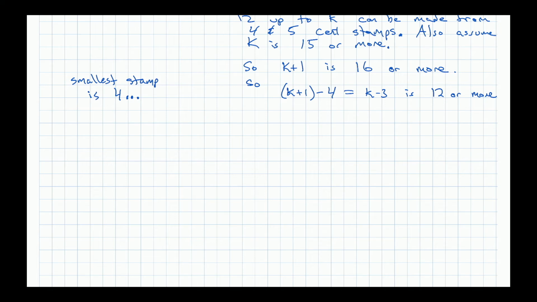So since k minus 3 is 12 or more, that means k minus 3 is a postage that can be made. Since k minus 3 is 12 or more, and... actually, you know what I want to do?